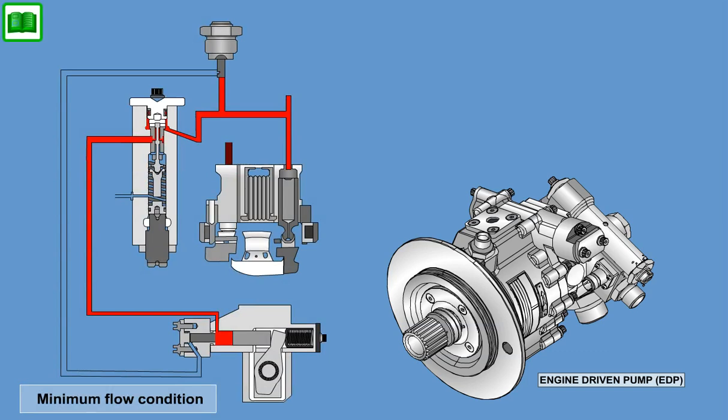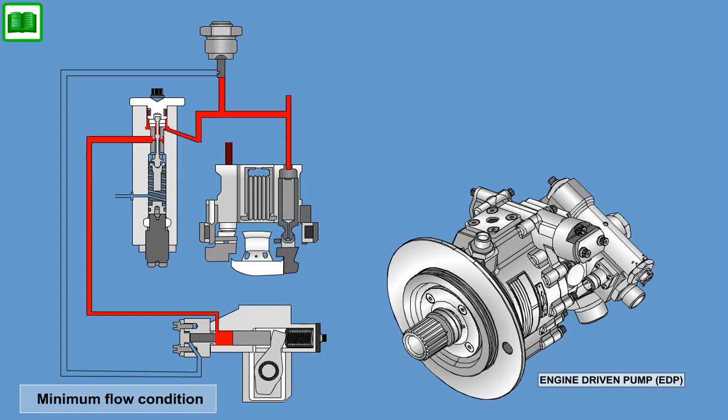An increase in system flow demand causes the pump discharge pressure to decrease, reducing the force applied on the compensator spool. The compensator spool shifts to the left as the compensator spring force overcomes the force generated by the discharge pressure acting over the spool diametral area.